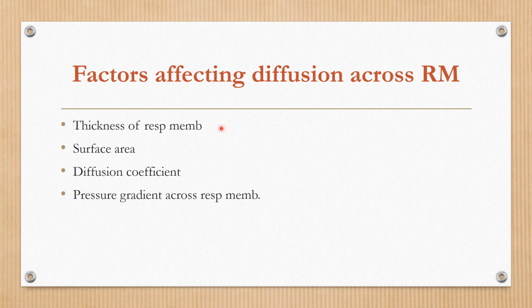And then surface area. So what happens if the surface area is more? Automatically the diffusion will be more. So we can infer that diffusion or volume of gas is directly related to the surface area. So rate of diffusion is directly proportional to surface area, that is, with the decrease in total surface area, rate of diffusion decreases.